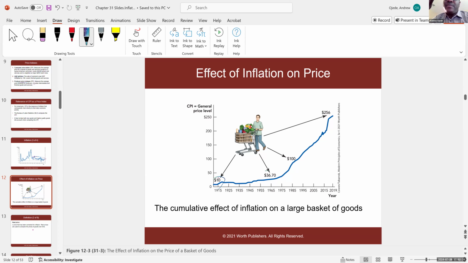In 1965 it was 36.70. And then around 1990, 1994, it was 100. And then you can see in 2019, it jumped to 256. So that's the consumer price index for you. That means things have gotten more and more expensive over time.